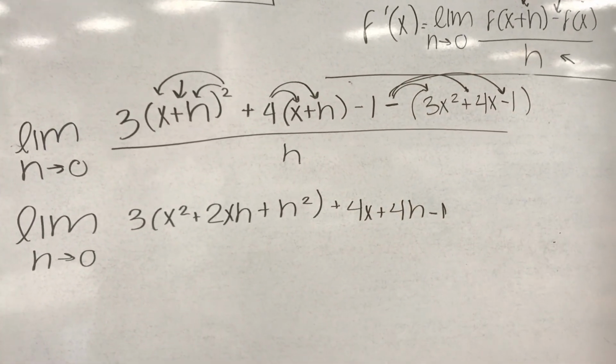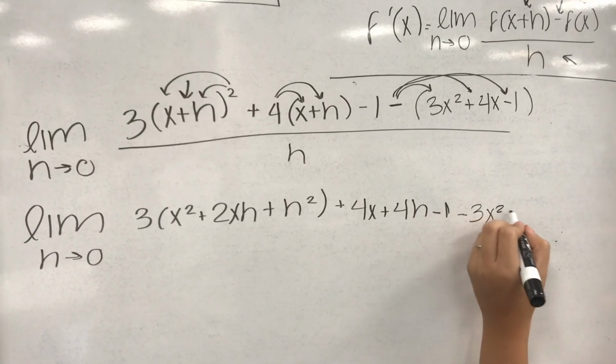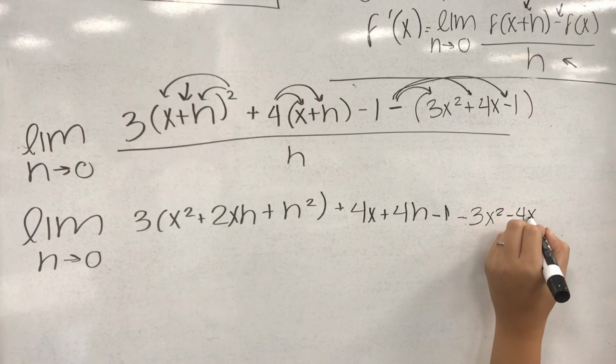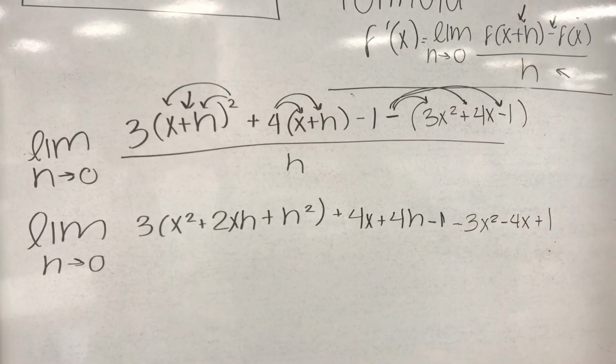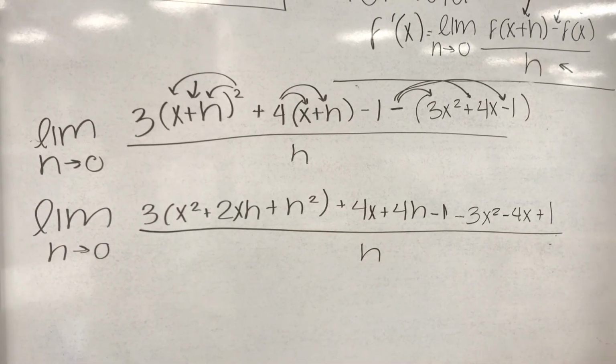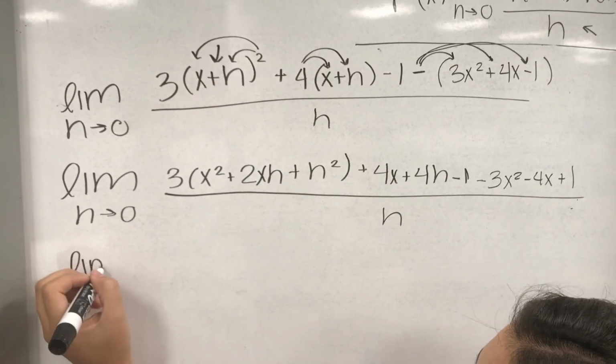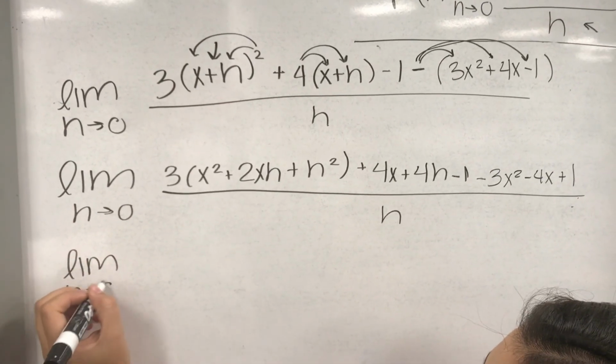So just copy and rewrite it all down with the negative sign, which affects every single term, everything over h.